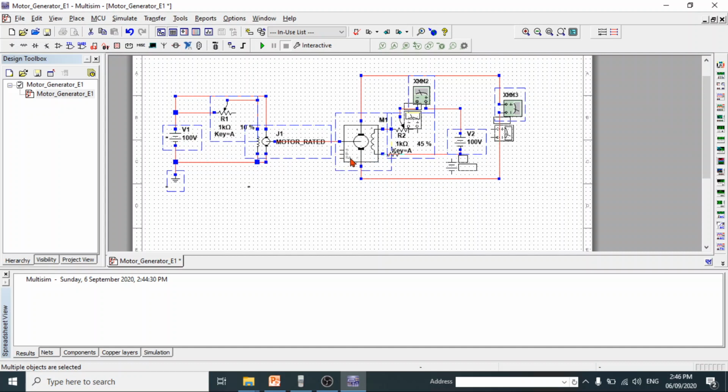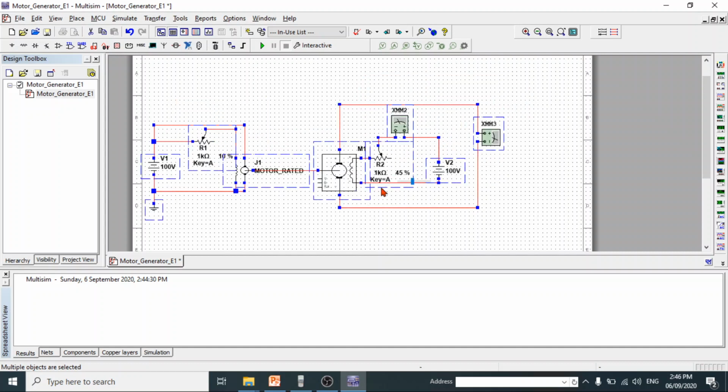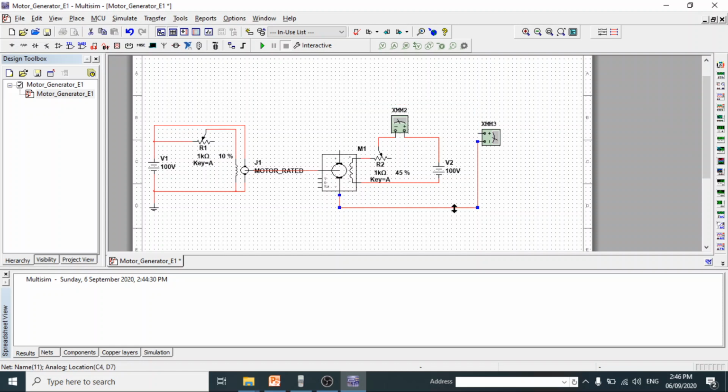Then we try to add a load to the terminals of the DC generator.